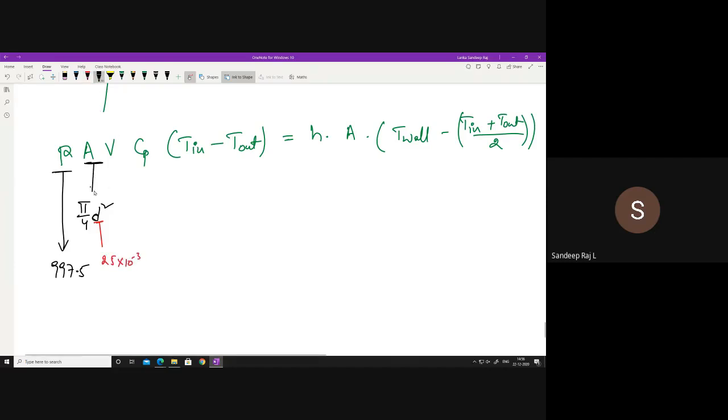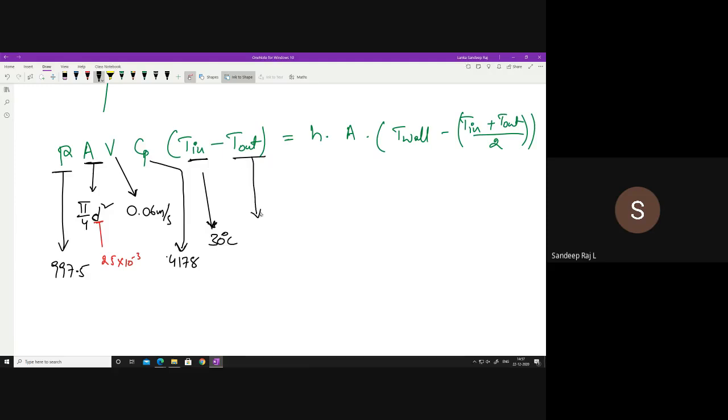Okay. Now let's move to V, that is velocity. What is the velocity value given in the question? 0.06 meter per second. Cp you have found out just now. What is the value? Somebody tell me. 4178. T in, what is the value? 30 degrees centigrade, it is entering with 30.